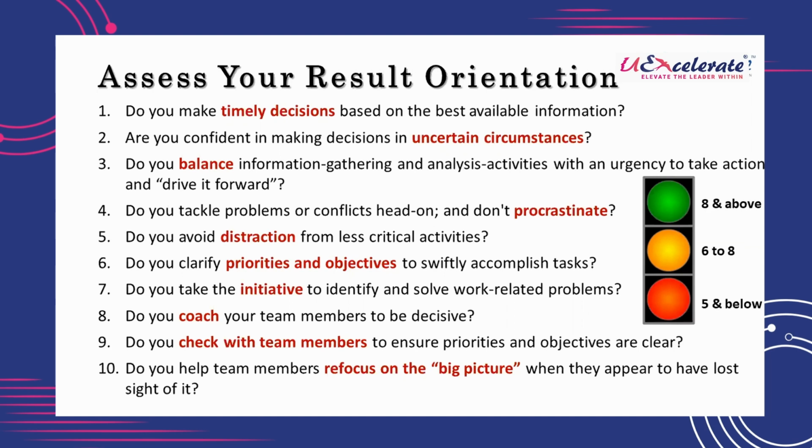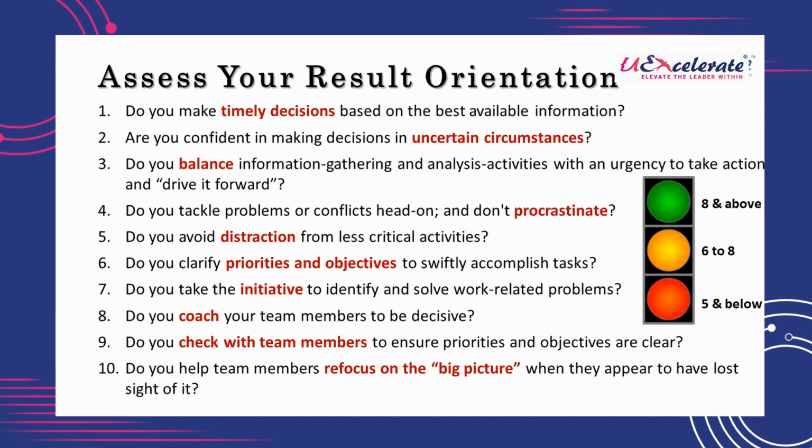And I don't think any of you may be at 5 or below, but if you are, then please reach out to some mentor or somebody who can help you, because definitely this result of 5 and below indicates that there is a lot of scope for you to become tremendously more result oriented and have a very fulfilling kind of life.